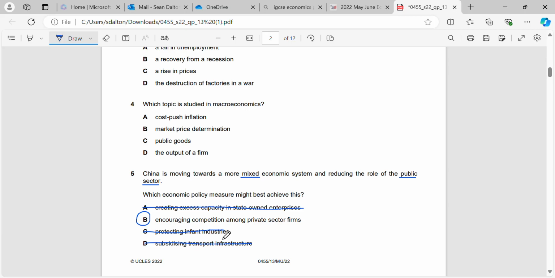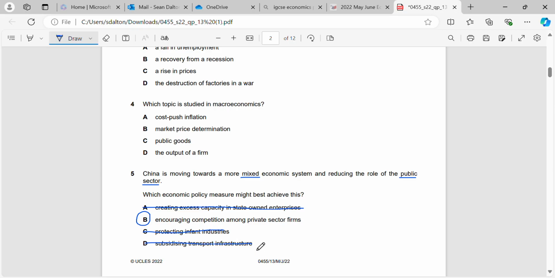They would be different methods the government can use if they have different objectives. So protecting infant industries would be an economic policy measure, not if they're moving to a more mixed economy, but if they want to protect new industries that have arisen in their country. So they might use protectionism measures to do that.